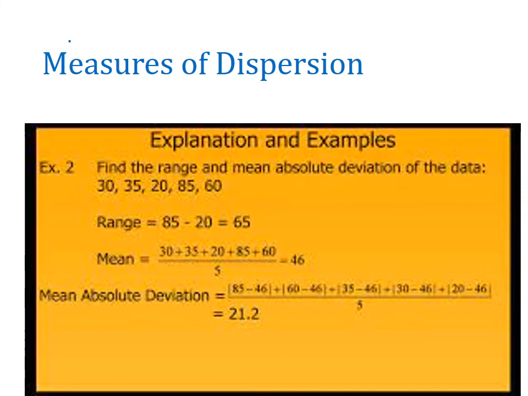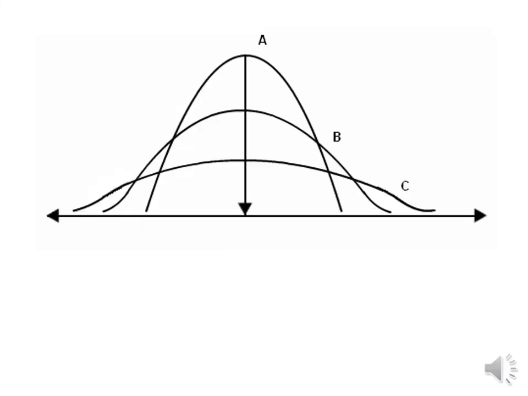Measures of dispersion have many types, but here we do not have time to discuss the details. In future lectures, we will have a complete lecture on the center of tendency and a complete lecture on the measures of dispersion, inshallah. Here you can also see different types of dispersion.